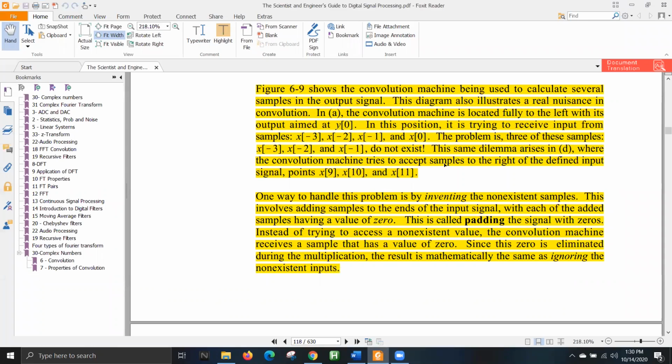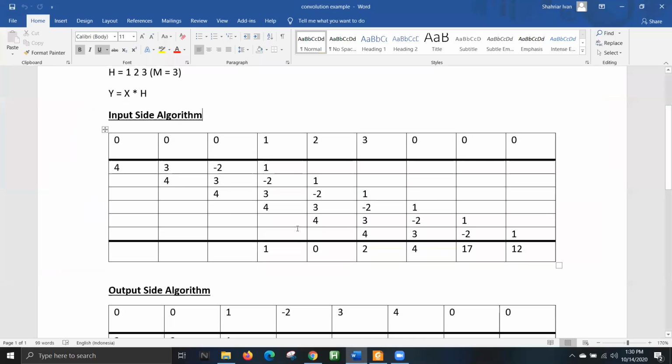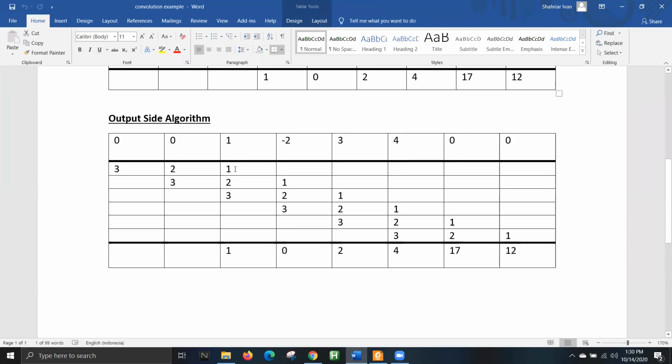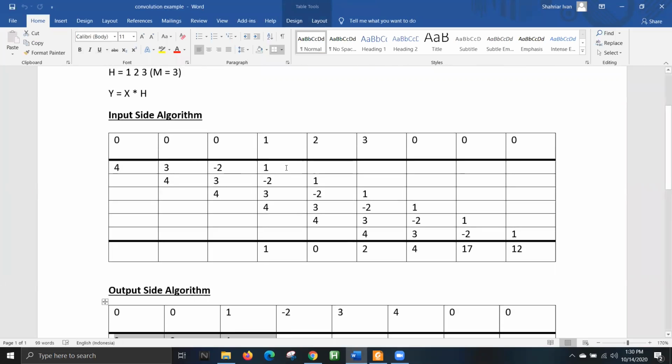When you follow the output side algorithm, you'll see that a problem comes up. When you line up the samples, even in the input side algorithm, with the corresponding flipped version of the impulse response, or for the input side algorithm the flipped version of the input, you'll notice that some values won't exist.